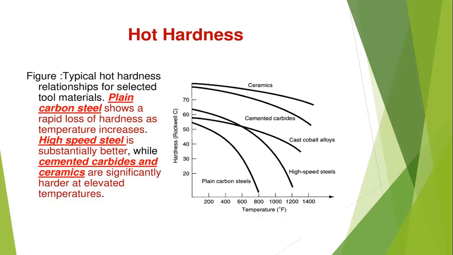This curve shows that when the temperature goes high at the tooling surface, the hard material becomes softer. In these cases, cemented carbide and ceramics are better for selecting the cutting tools.